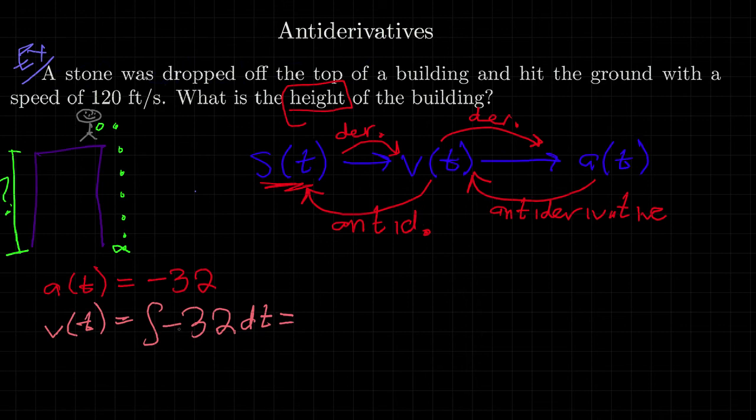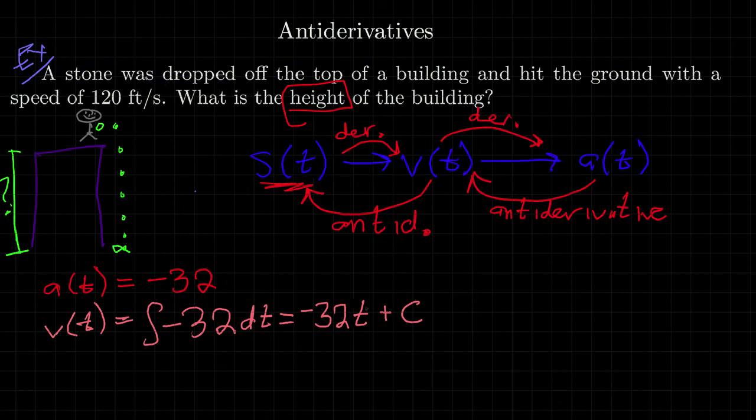And the antiderivative of negative 32 is simply negative 32t plus c, right? Because the derivative of negative 32t is equal to negative 32. Okay. So then, what we need though is some initial condition.